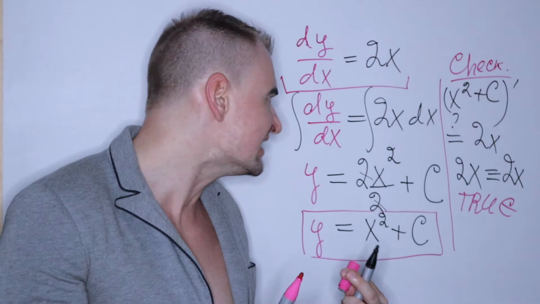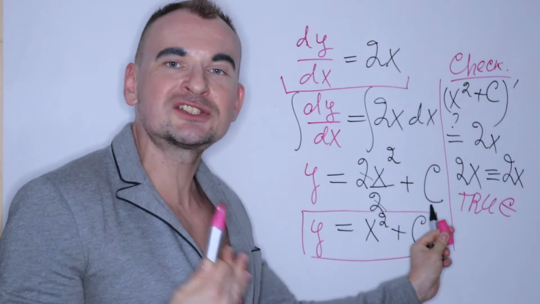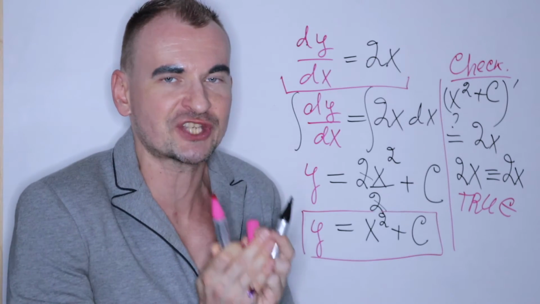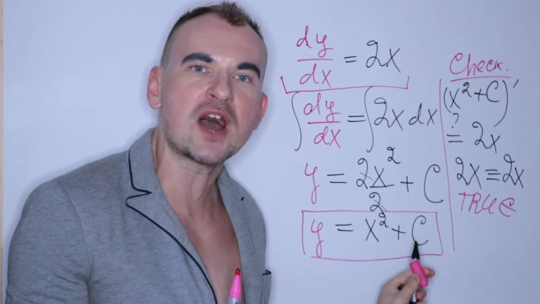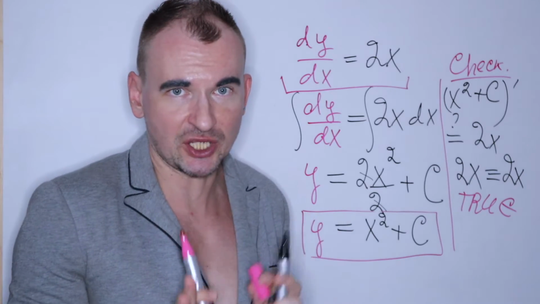And when you integrate, do not forget to add this arbitrary constant of integration c, because eventually you are left with a family of functions that satisfy your differential equation.